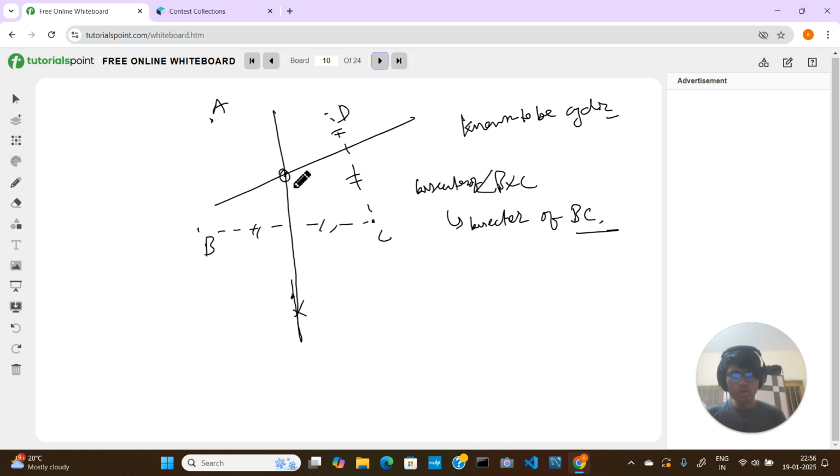And what we obviously know is that side bisectors meet at O, the circumcenter of the circumcircle of the points A, B, C, D.